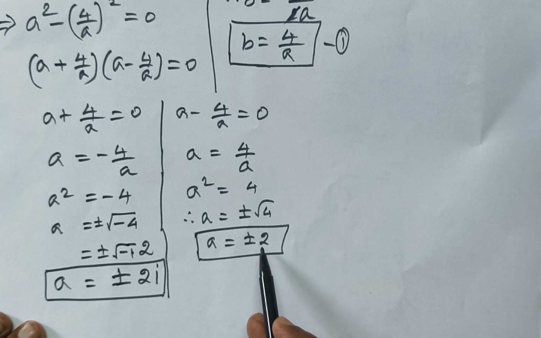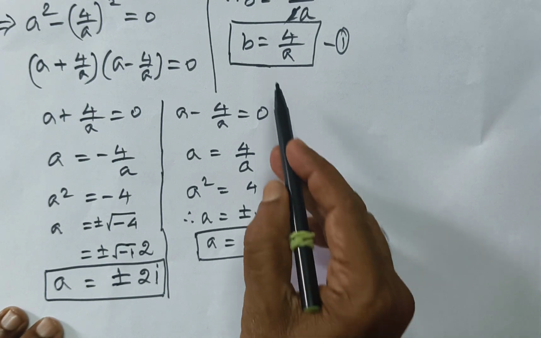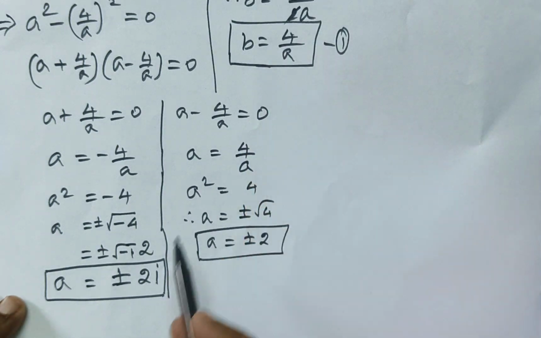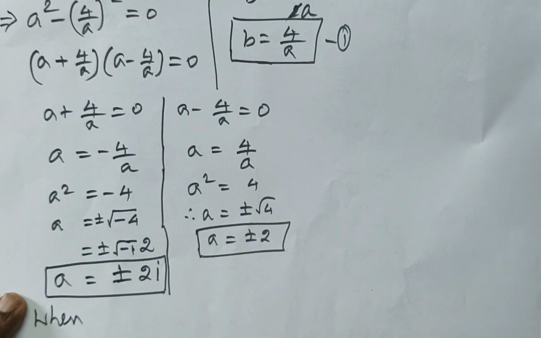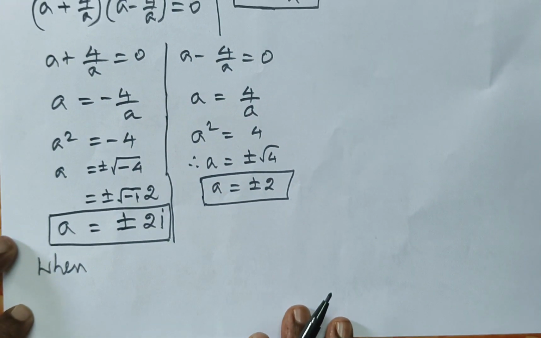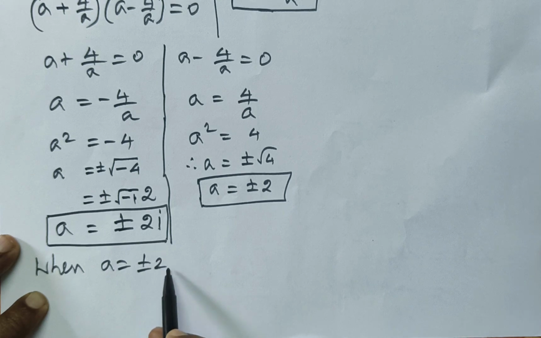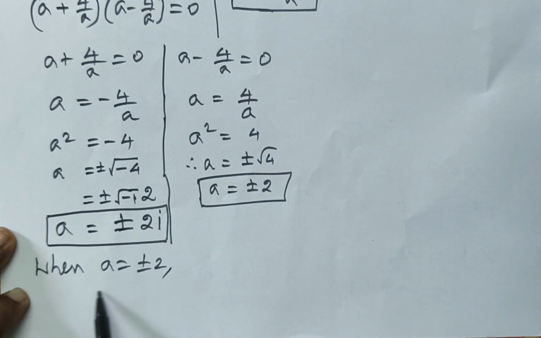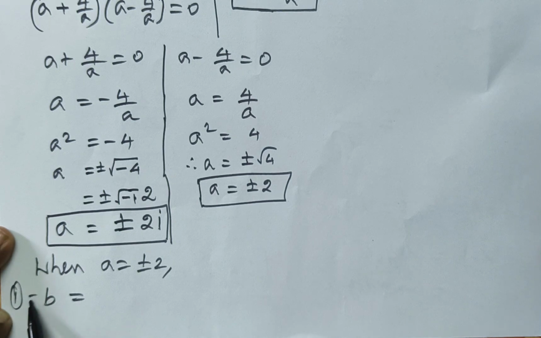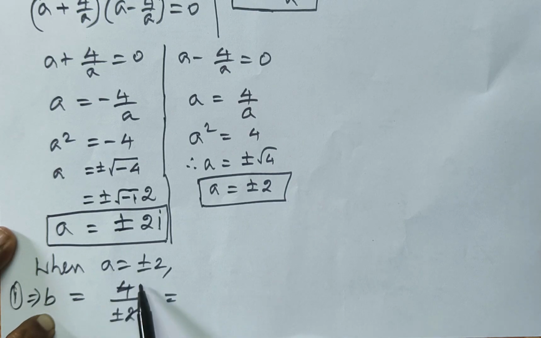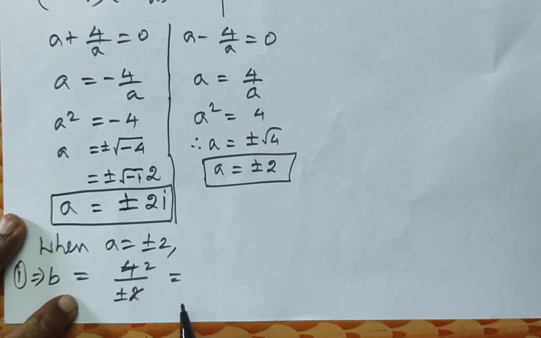When a is equal to plus or minus 2, b is equal to 4 by a, 4 by plus or minus 2. 2 2s are 4, that is b is equal to plus or minus 2.